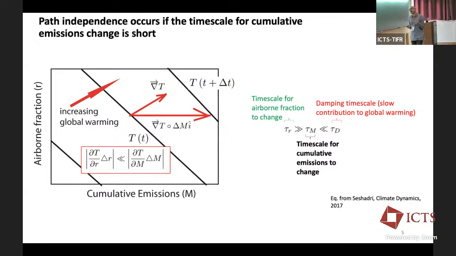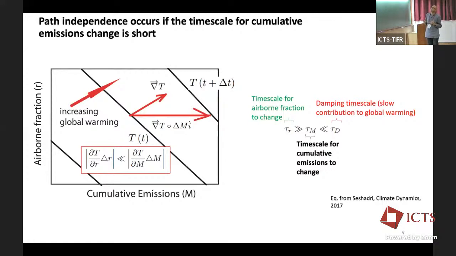This requires that the change in temperature is approximated by the directional derivative along the axis of the cumulative emissions. And this entails certain inequalities. There's a complication to the story. We also have to account for the effect of the history of the airborne fraction and cumulative emissions. And when you do all that, there's some simple high school algebra, and the answer is very simple.